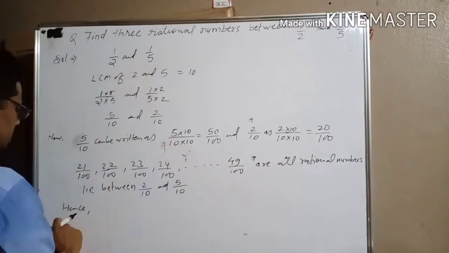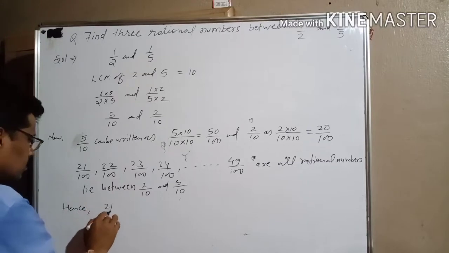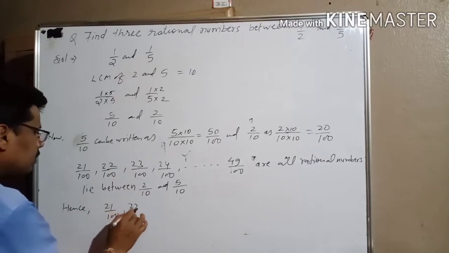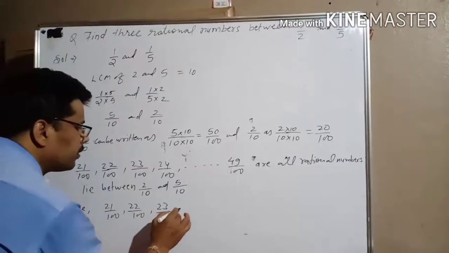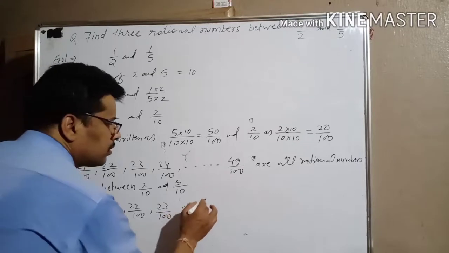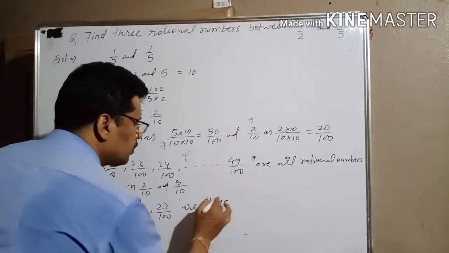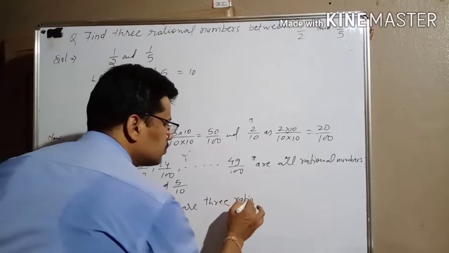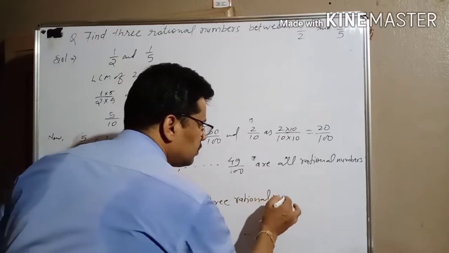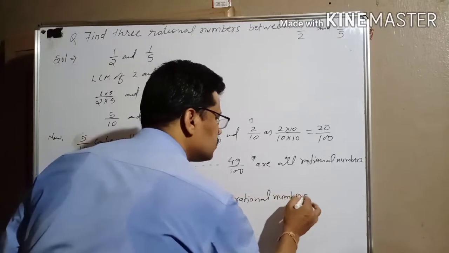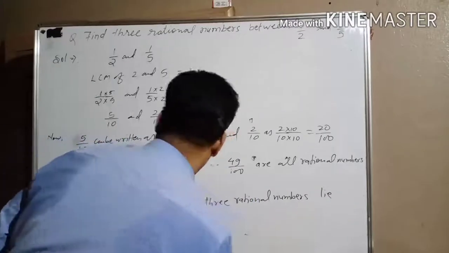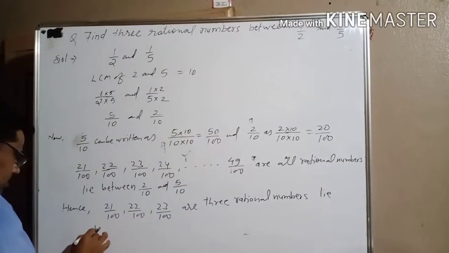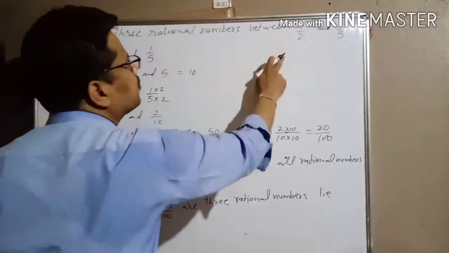Here we can write, hence, 21/100, 22/100 and 23/100 are three rational numbers lying between 1/2 and 1/5.